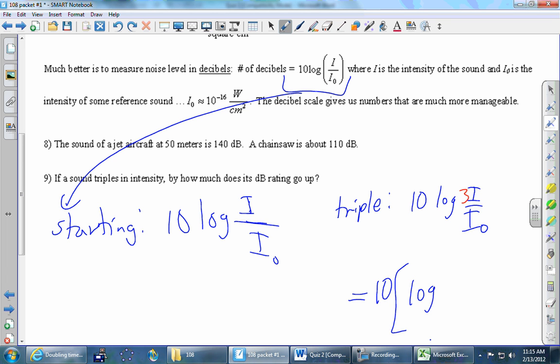Again, products become sums, quotients become differences, but that's not really what I'm after. Do you guys see that I'd really like to keep something the same? I want to eventually compare to my original, right? I'd really like it to be I over I0, so I'm going to force this. I'm going to make a decision to not split it up in any old way. I'm going to split it up so that it's recognizable, so that it looks like it used to.